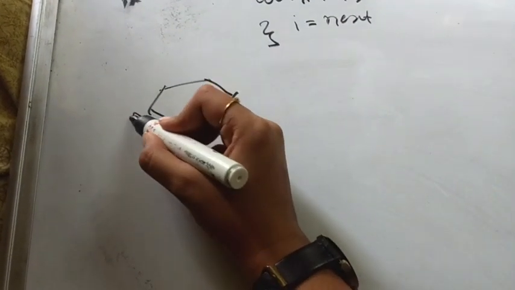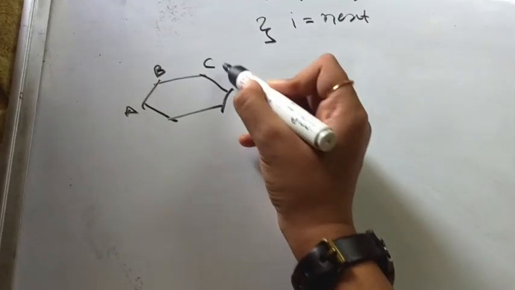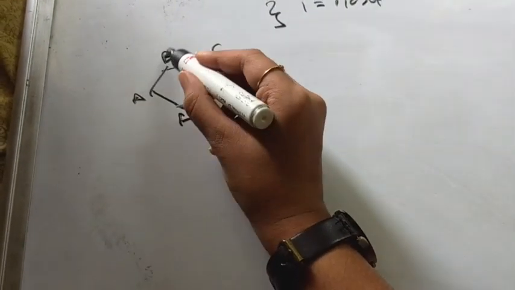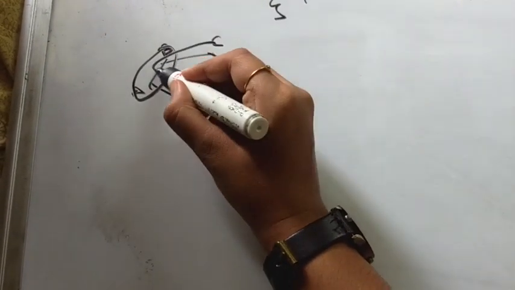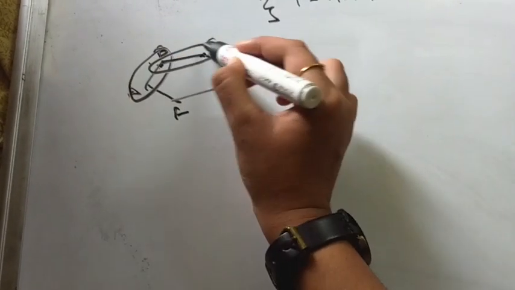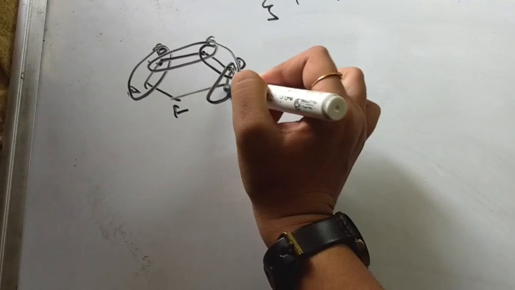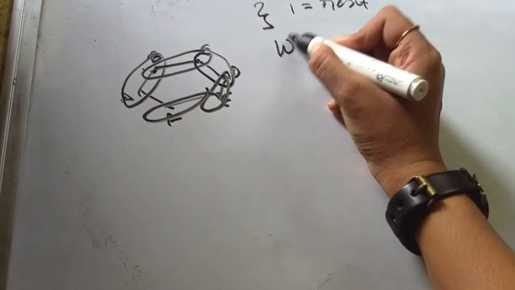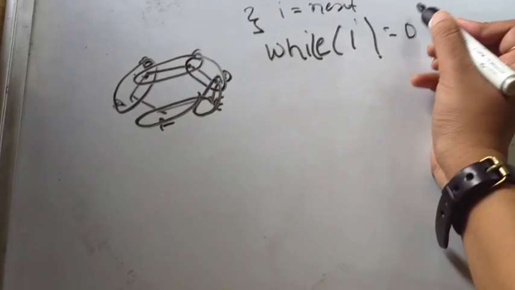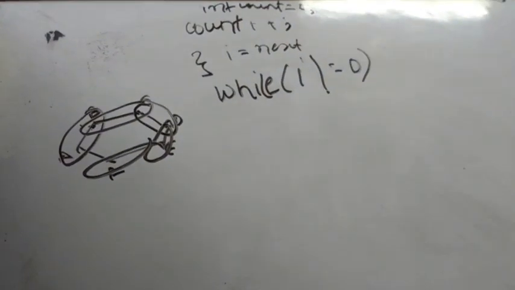Let us say that this is a polygon which has A, B, C, D, E, F, right, 6 points. So first of all, I'm going to compare these two values, then I will become next. So this becomes the next value, this becomes I. So we will continue till here until I is equal to 0. So you got my point, I hope.